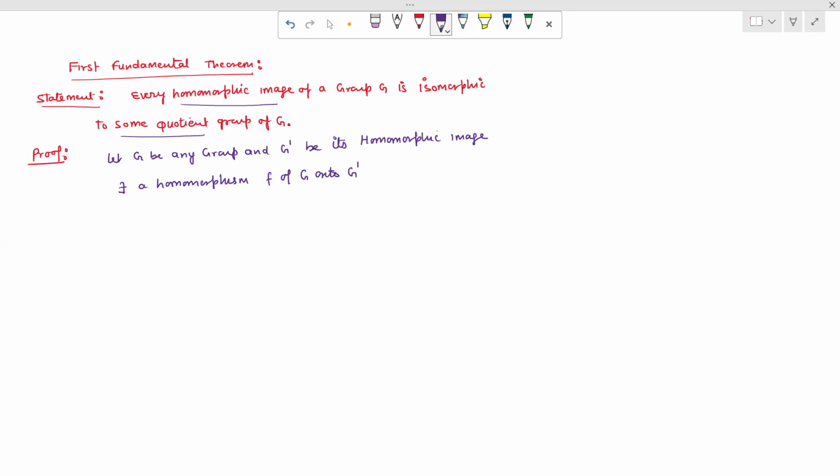So that means the function will be onto. So function f is defined from G to G dash, which is onto and a homomorphism.